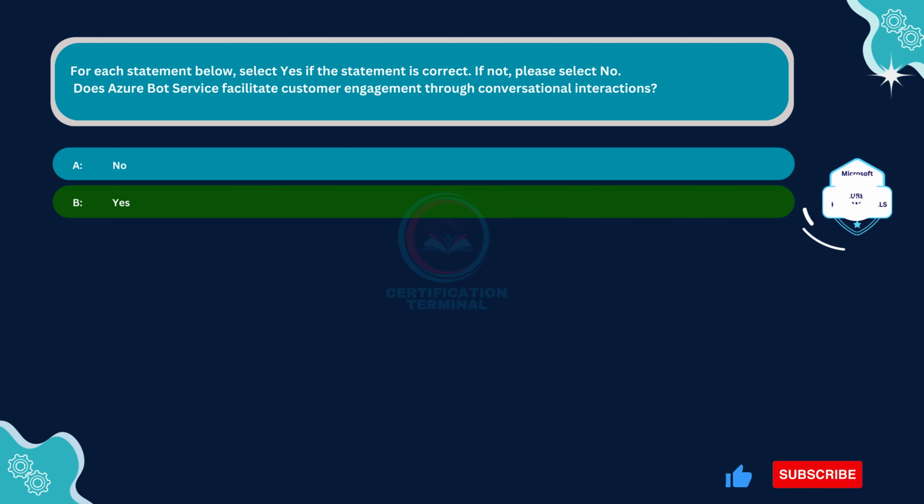Azure Bot Service supports integration with various communication channels, including web chat, Microsoft Teams, Slack, Facebook Messenger, Skype, and more. Azure Bot Service is built on top of the Bot Framework, a comprehensive framework for building conversational AI experiences.